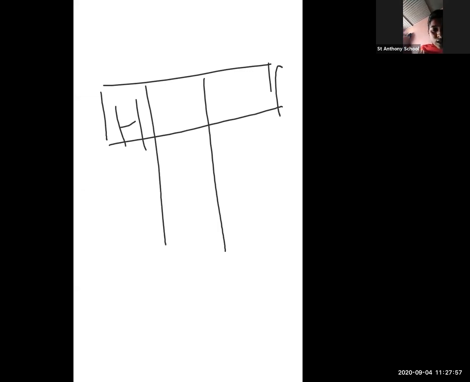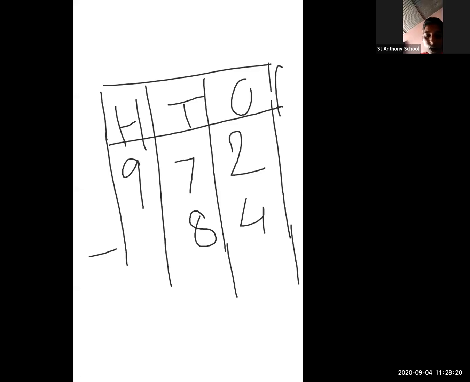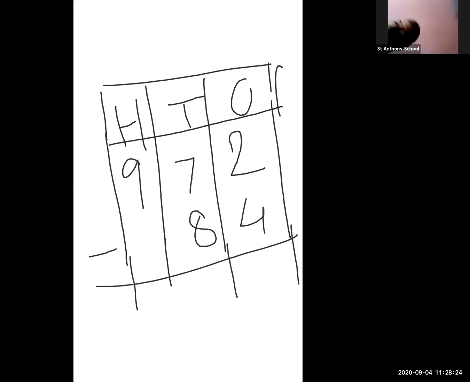It's a hundreds column, tens column, ones column. Now I am going to write here 972 minus 84. Now 2 minus 4. 2 is a small number.